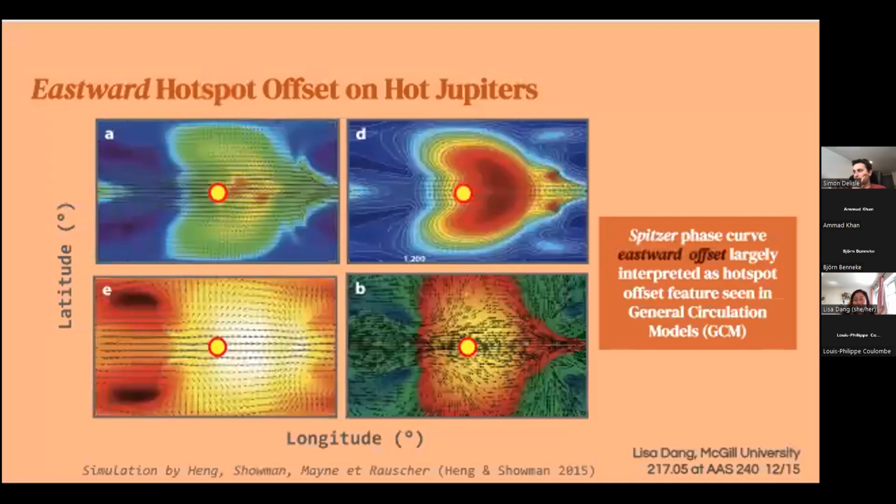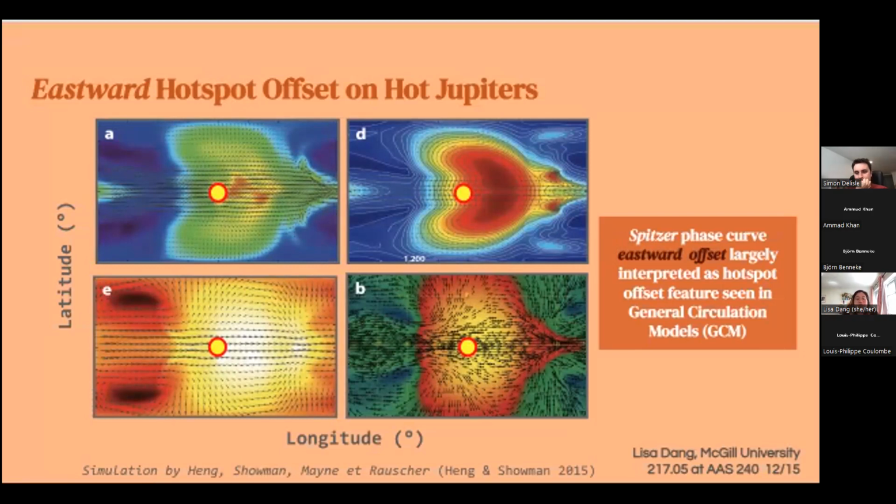So now, looking at hot Jupiters on circular orbits, I'm not the first person today to talk about these GCMs and hotspot shift, but I'll go through it again. These are general circulation models of a typical hot Jupiter, where the background color represents temperature at different locations and the arrows are directions and magnitudes of winds.